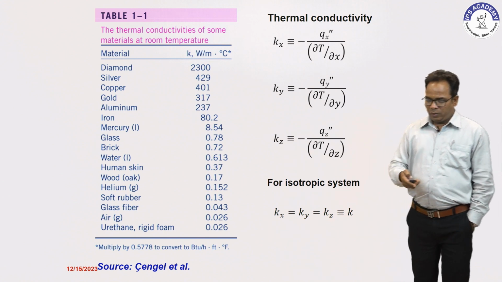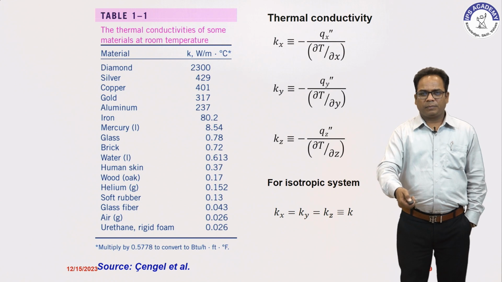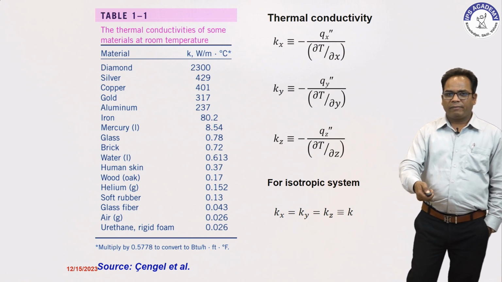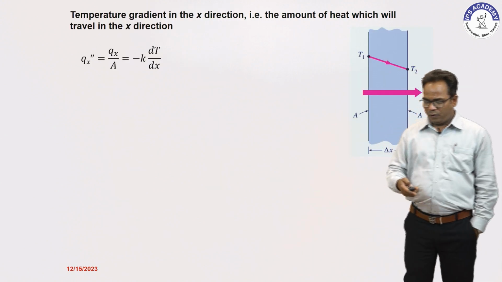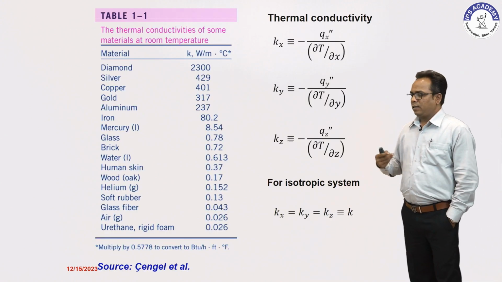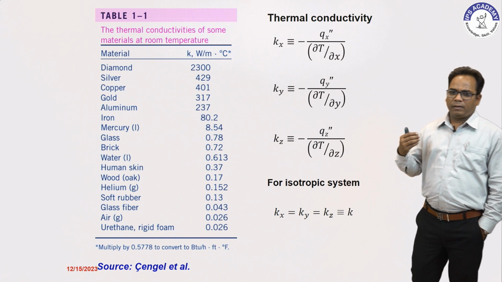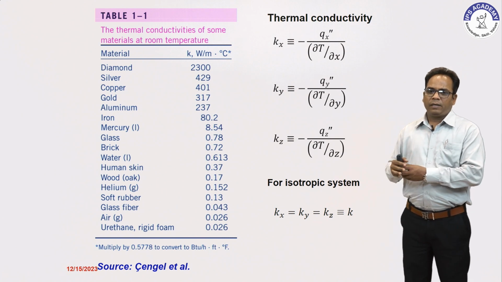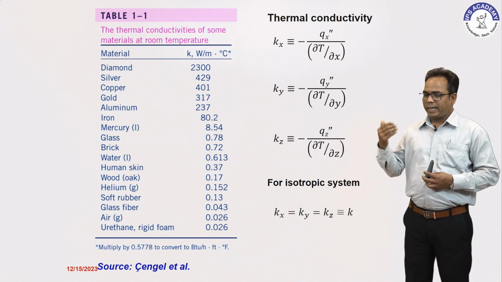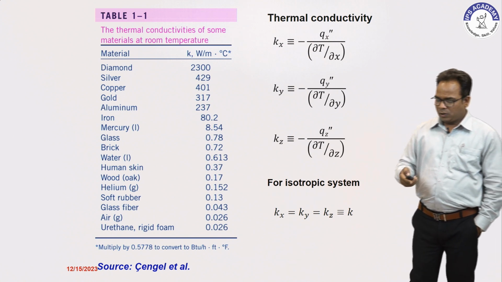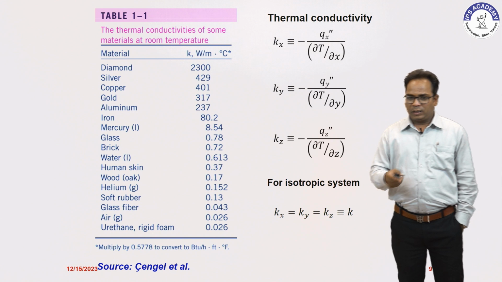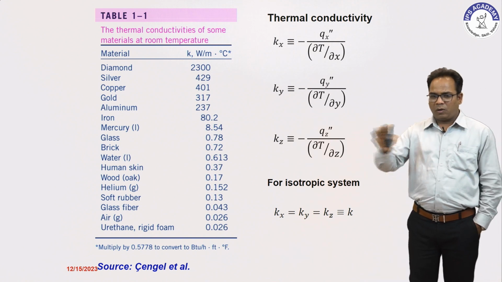So you can see the thermal conductivity varies. For an anisotropic system, thermal conductivity may vary with the x direction, y direction, and z direction, but for an isotropic system, the thermal conductivity will be constant for all directions.